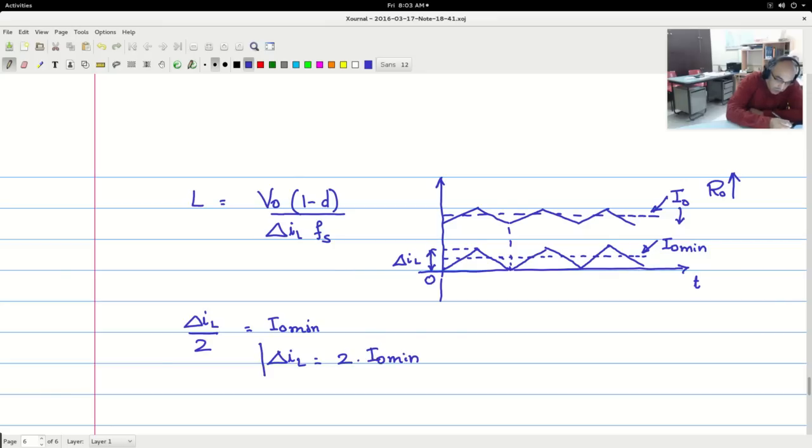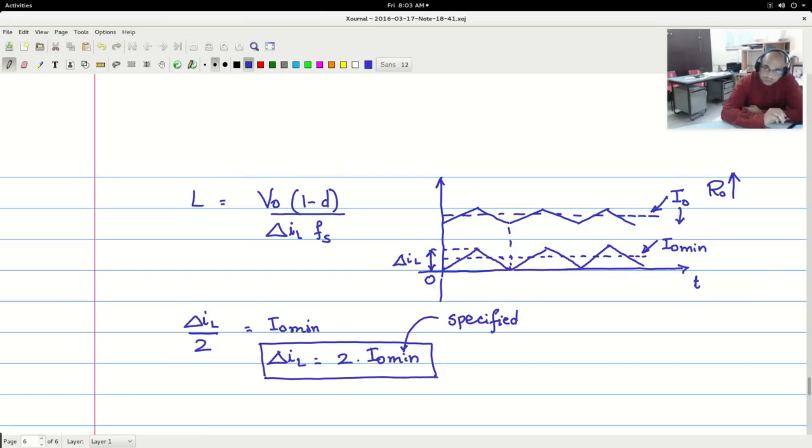And this is a very important condition that you can use for choosing the value of delta IL. Delta IL should be 2 times I naught minimum, where I naught minimum is specified. If this is specified by the user, then you can use this to find out the value of delta IL. If this is not specified, then you use delta IL as 10% of I naught. This is how you would try to.